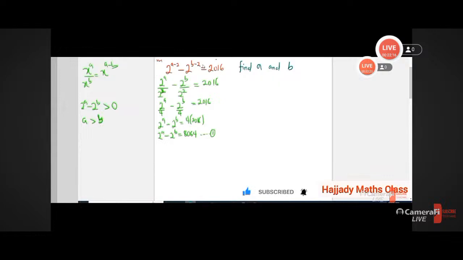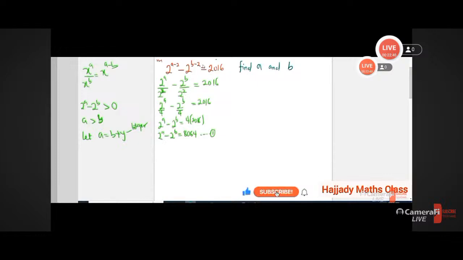Now I'm going to let a equal b plus, let's say, y, where y is an integer. So let a equals b plus y, where y is an integer. Now going back to equation 1, it can be written in another form.